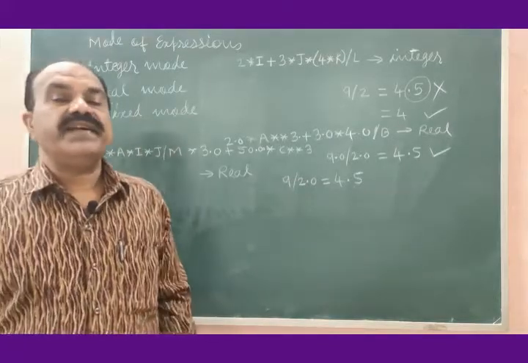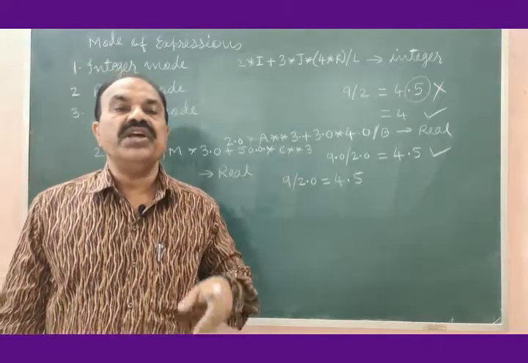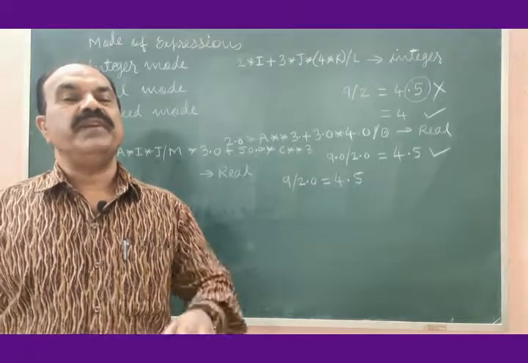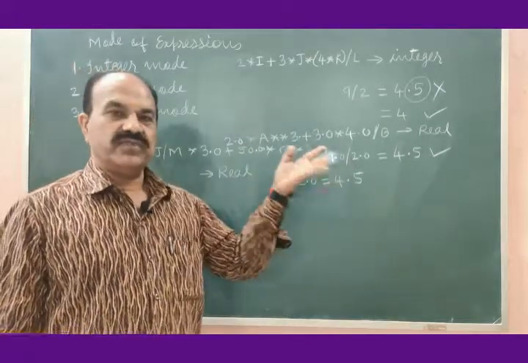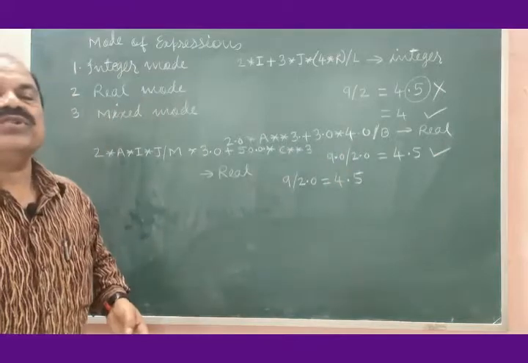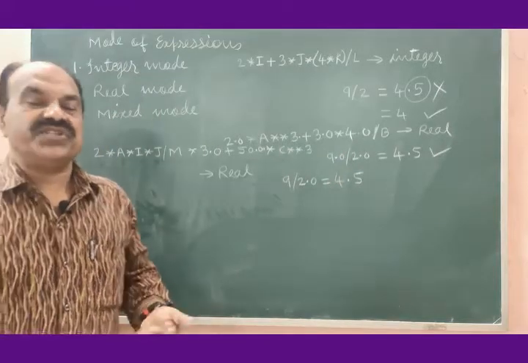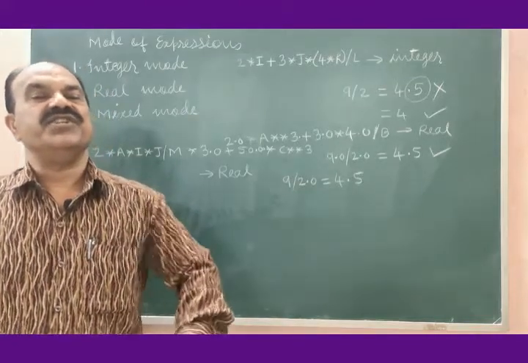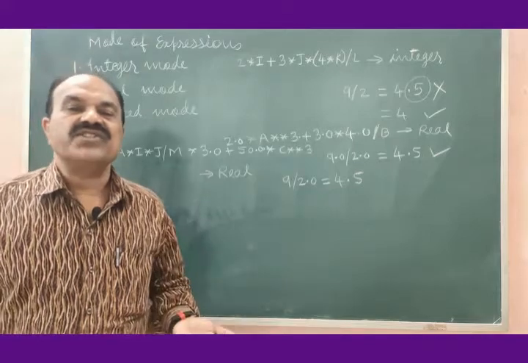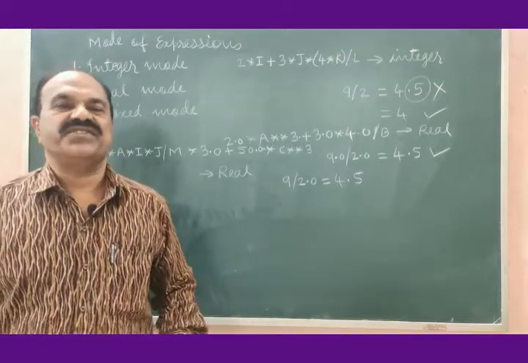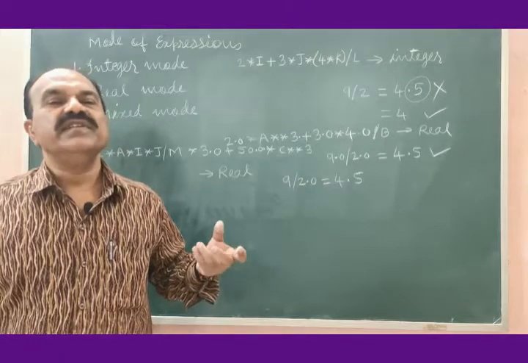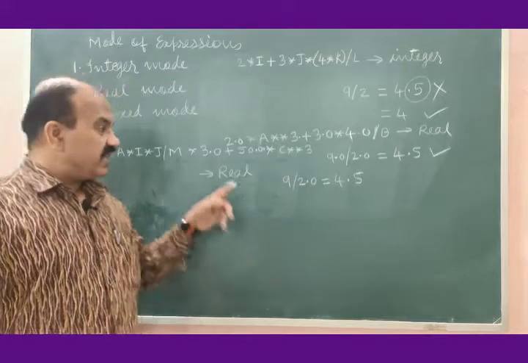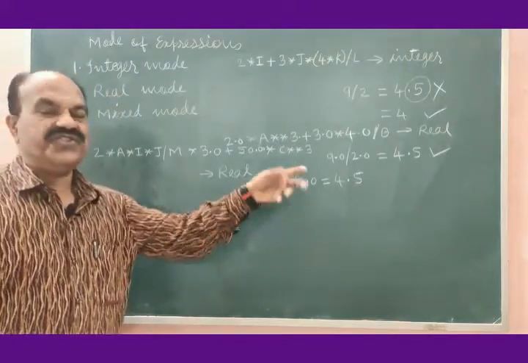Real mode can use only real variables and real constants, and its result will be real. Finally, mixed mode uses real as well as integer variables and constants. It is mixing of integer and real constants and variables, but the result is always real.